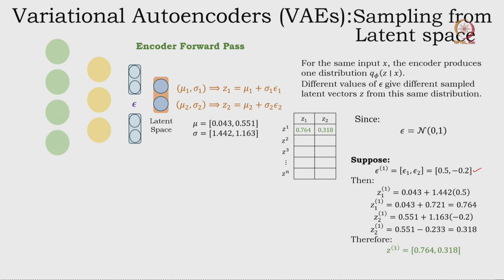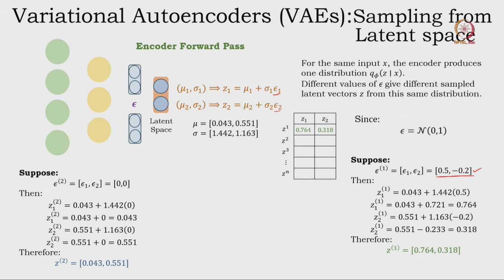Because we have this particular term. Next time when you sample it, you may get a different value from this. So let us assume you have obtained this value. Next time when you sample again, for the same input you obtain this value. Once again, sampling is a random operation, therefore it can be any value from this particular distribution.